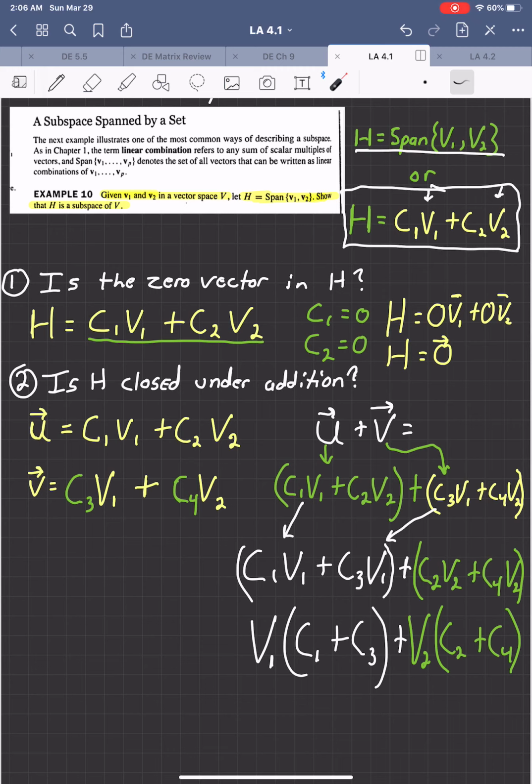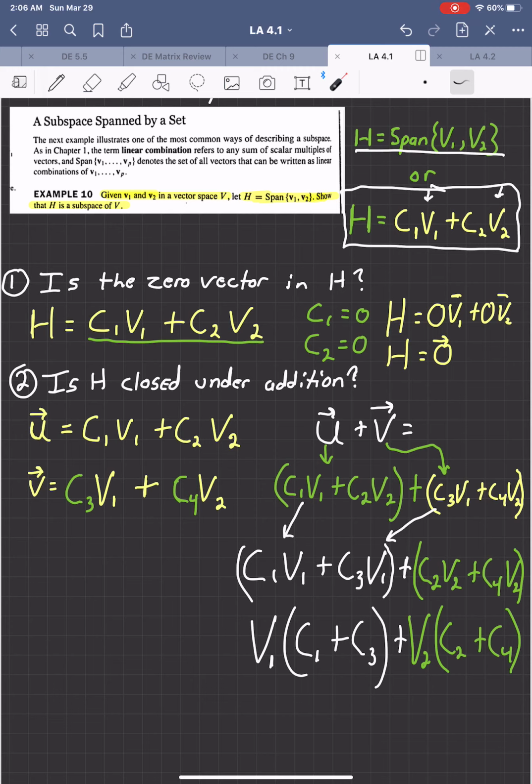So no matter what, if you were to plug some numbers in here for c1, c2, c3, c4, you can always add the numbers, and then you would just have a different scalar attached to your vectors, and that's also part of H. Because what is H?